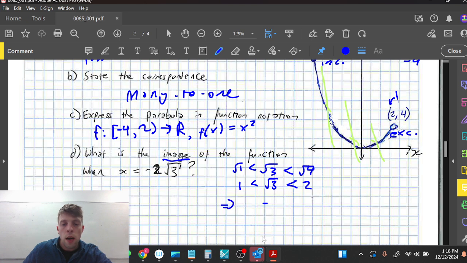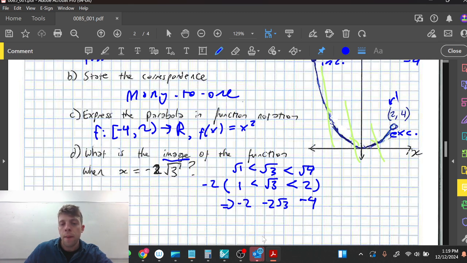So therefore, -2 times √3 is going to be, well, let's have a think about this. So -2 times 2, because what I'm doing here is multiplying all of this by -2, and I want to see what the relationship between these values is. So -2 times 2 is equal to -4, and -2 times 1 is equal to -2.